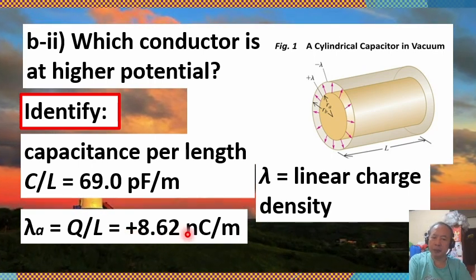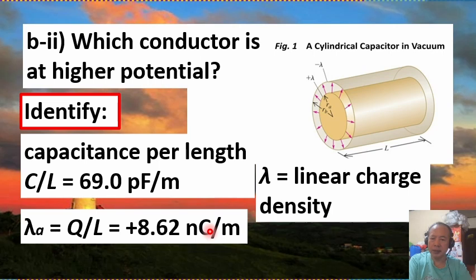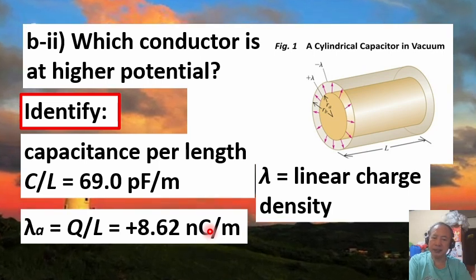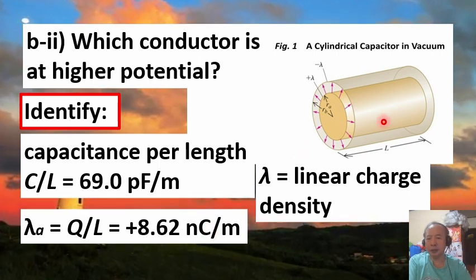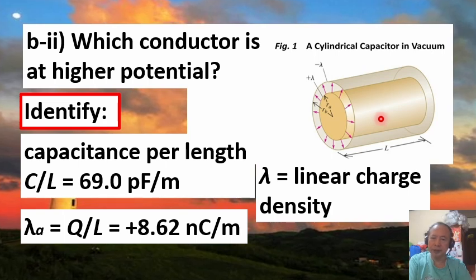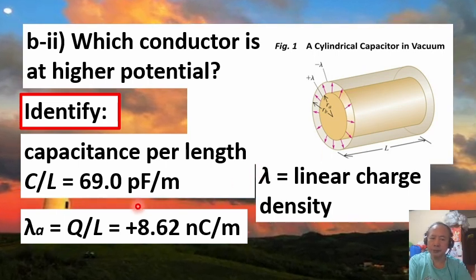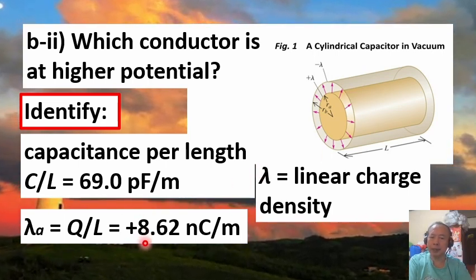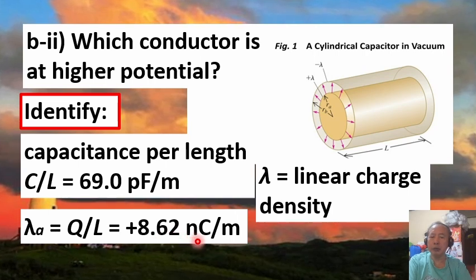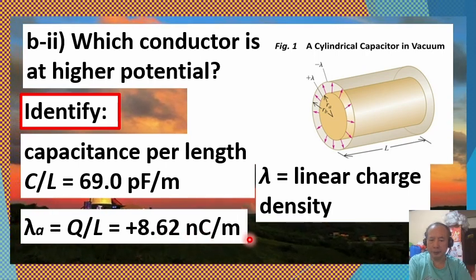What's given in the problem is the linear charge density for the outer conductor, equal to negative 8.62 nanocoulomb per meter.